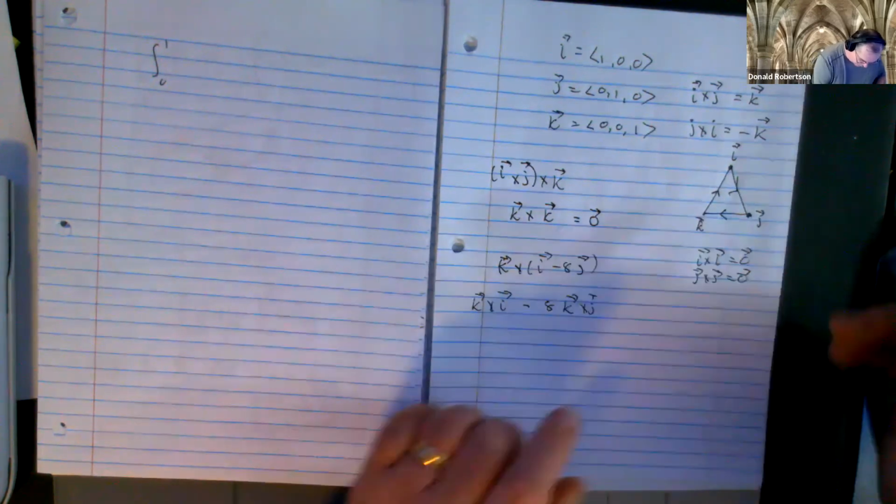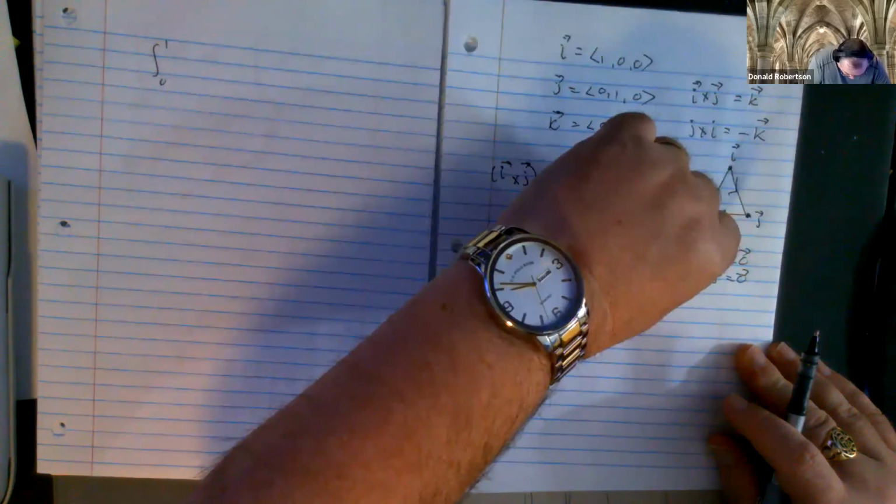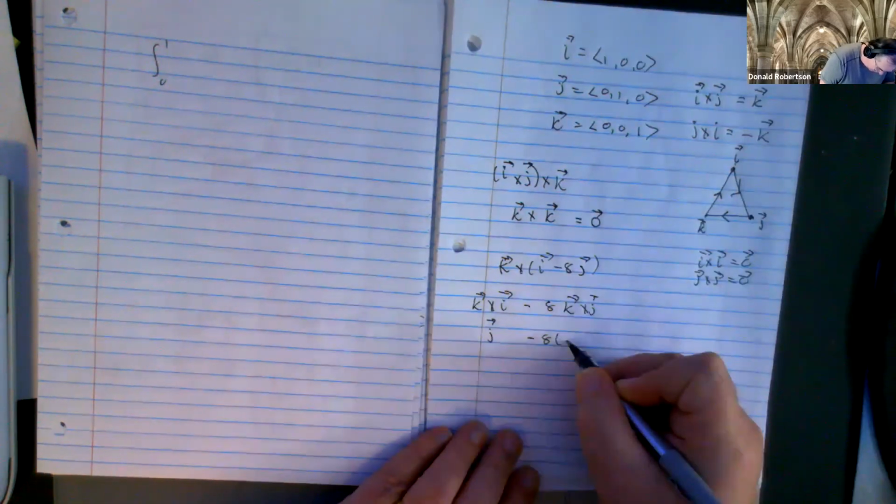If you went against the arrows, like i cross k, you get a negative answer. So k and i give me a positive j. k and j, against the arrow, give me a negative i. And that becomes j plus i.